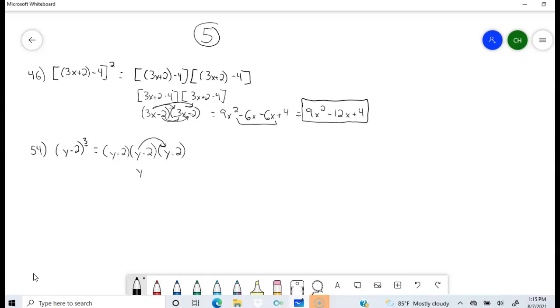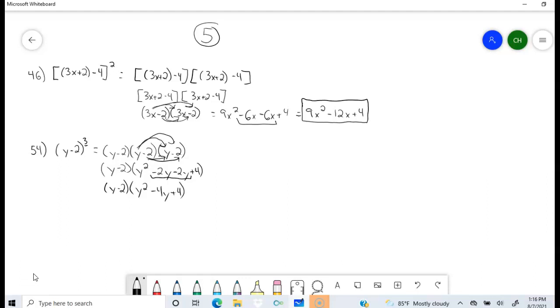And it's going to be y squared minus 2y minus 2y plus 4. That's one quantity. I'm just going to bring this other one down with it. Combine those like terms. We're going to have y minus 2 times y squared minus 4y plus 4.